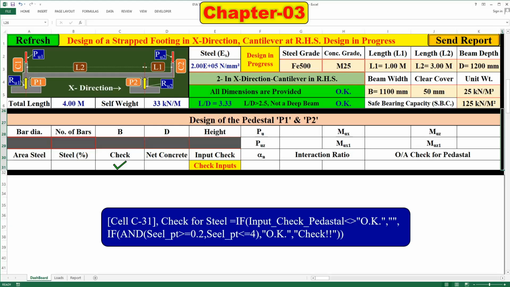Otherwise, it checks whether the percentage of steel provided falls within the acceptable range, between a minimum threshold of 0.2% and a maximum of 4%.